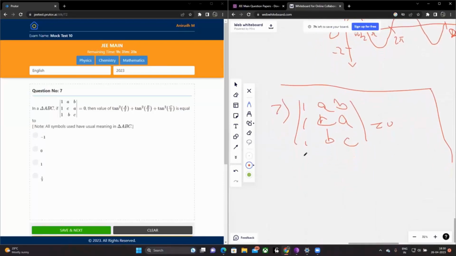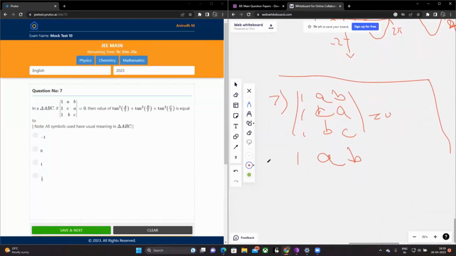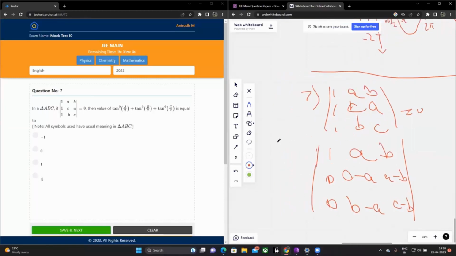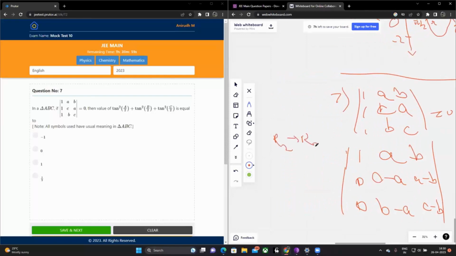And this reduces to 1ab, 1, c minus a, c minus b, this is 0, this is 0, this is b minus a, and c minus b, right? Just by subtracting, with the operations R2 giving R2 minus R1, and R3 giving R3 minus R1, right?